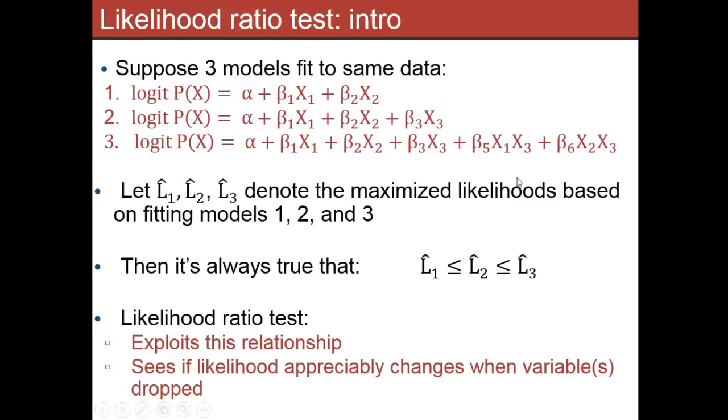So we're going to say, I have this model, and then I drop these 2 terms. Did the likelihood change? That's what we're doing. This is exactly the R squared tests in linear regression, and by the way, that's also the same as the partial F test. In linear regression, it's all called different things.